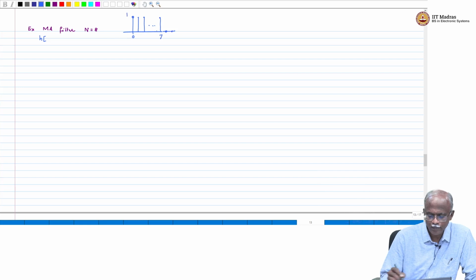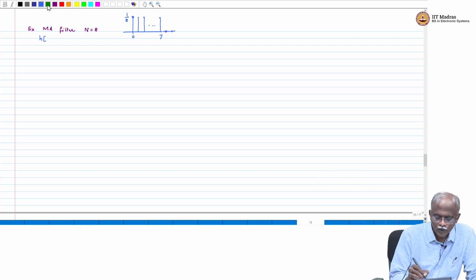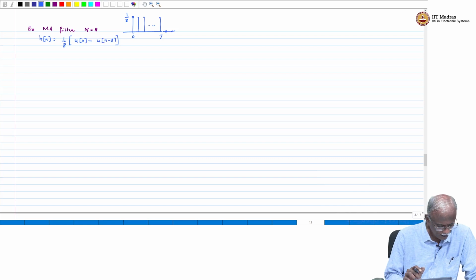All of them have the same height equal to 1 by 8, just a scale factor. So the impulse response h of n is equal to 1 by 8 times u of n minus u of n minus 8. I hope you are comfortable with that.